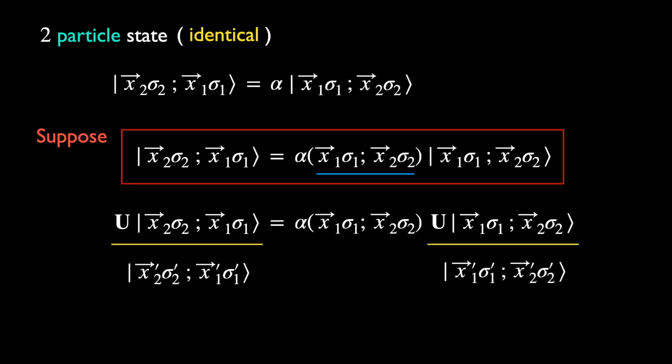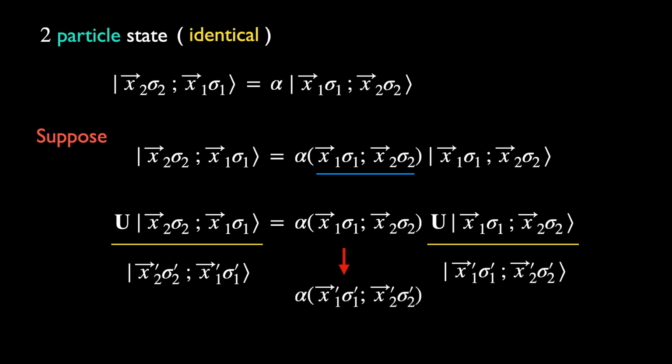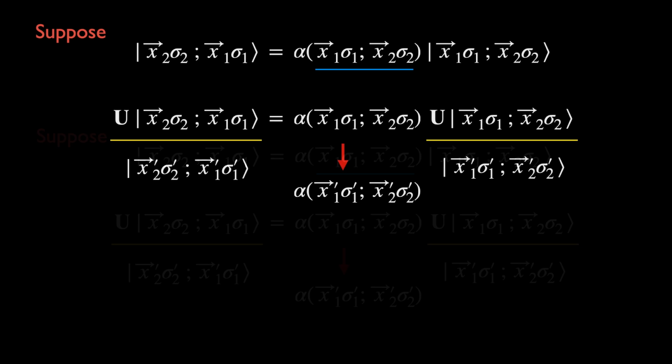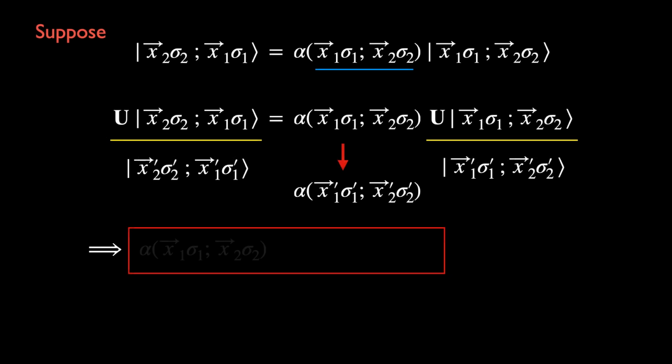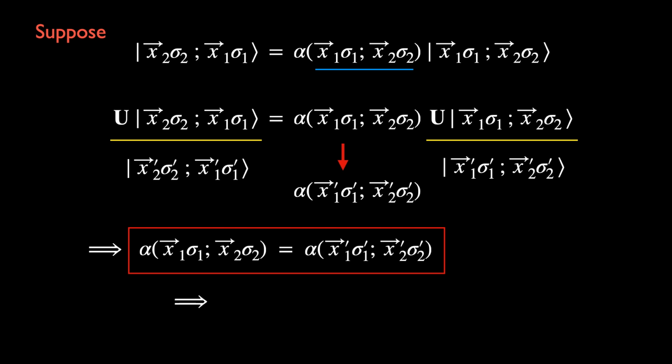By what we have assumed above, the argument of alpha should also be x prime and sigma prime. This implies that alpha should be independent of x and sigma. Thus we have shown that the overall phase alpha can only depend on the species of the particles.